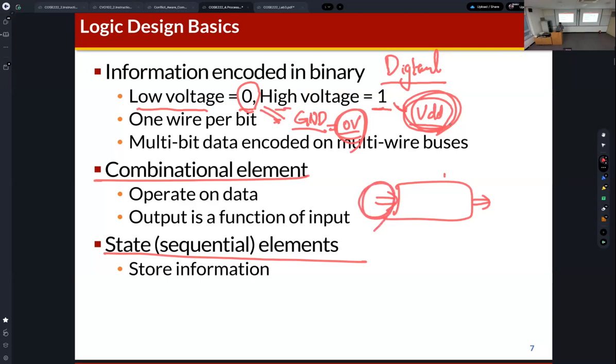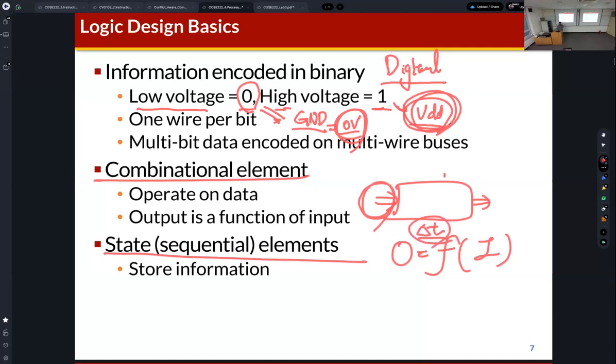This is the definition of combinational logic: output is just a function of input. But we can get this output at some delay, delta t.